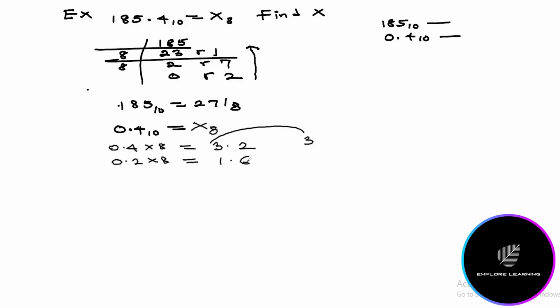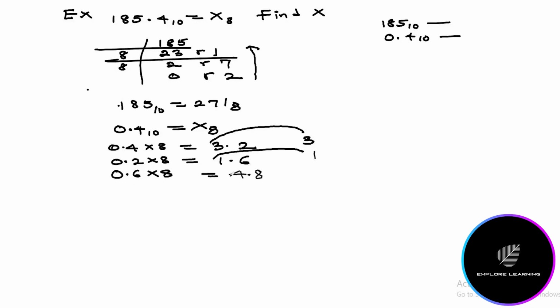Once we do that, we're going to get 1.6. Now the rule says take the value before the decimal point. Now the value is 1. To determine the next value we're going to use for the next round of multiplication, we say 1.6 minus 1. So we say 0.6 multiplied by 8, which is equal to 4.8.